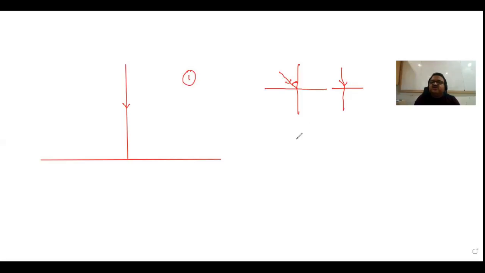Correct? So look, again applying Snell's law. Sin I by sin R is equal to mu 1 2. Now, this is medium 1, the speed of light is v1, this is v2, medium 2.